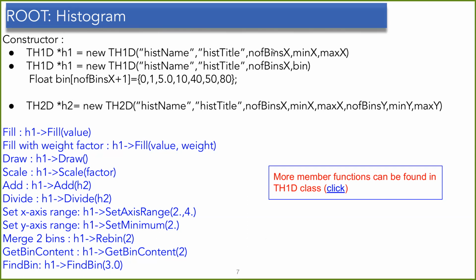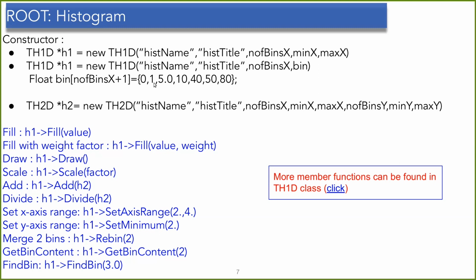Now in experiments, we often need to define a histogram with variable bin width, and we can also do that. To define the variable bin width, we can do it like this, where the first and second arguments are the same as the previous one. The third argument is the number of bins, and the fourth argument, bins, is an array of double numbers which contains the edges of each bin.